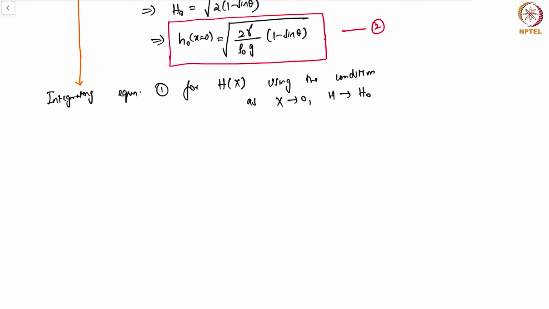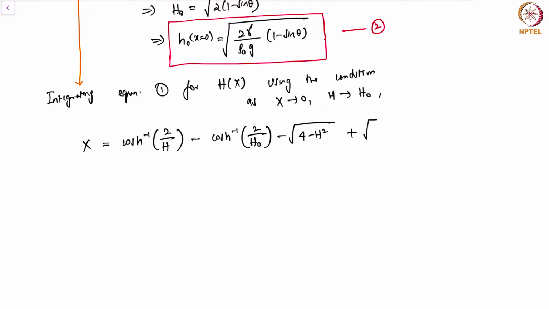Okay, if we use this condition, then, this is a little tricky, so I will not spend time on trying to derive this equation, trying to do this integration, but essentially what we get is 2 by h minus cosh inverse of 2 by h naught minus 4 minus h square plus 4 minus h naught square.